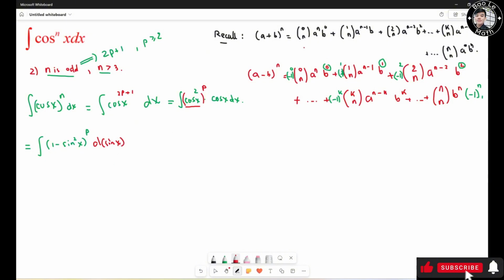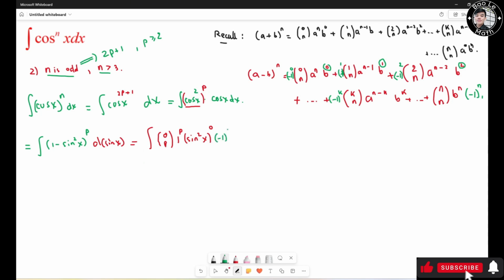Now, I use the binomial theorem right here. I need to expand this, right? So this turns out to be the integral of the combination of 0p, 1 raised to the power of p, sine square of s altogether raised to the power of 0. And don't forget to multiply by negative 1 raised to the power of 0.